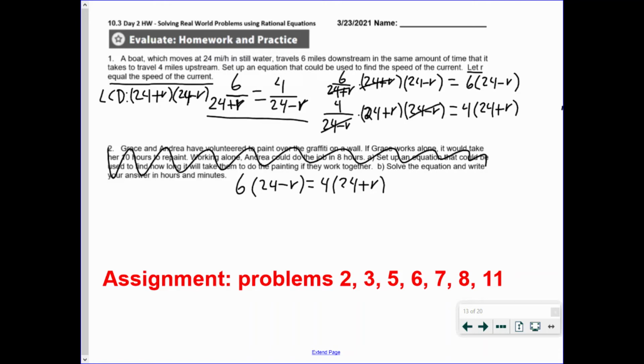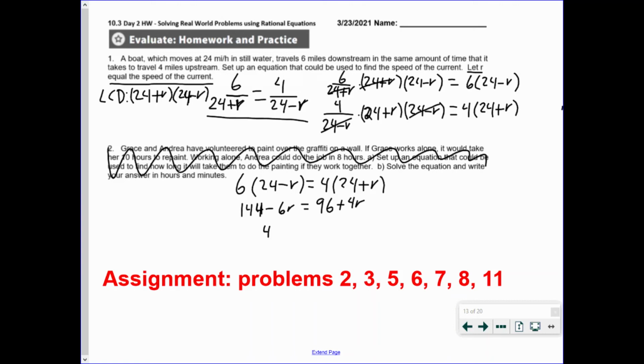Now we distribute the 6 and the 4. 6 times 24 gives us 144, minus 6r, and that equals 4 times 24, which is 96, plus 4r. We add like terms: I add the 6r over, and subtract the 96.